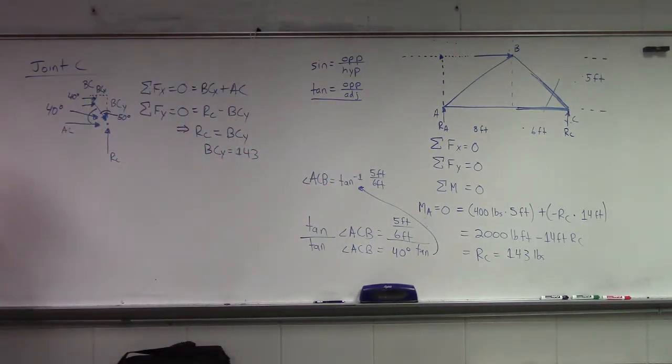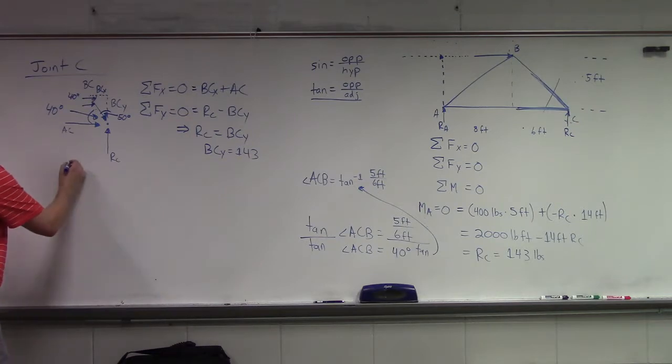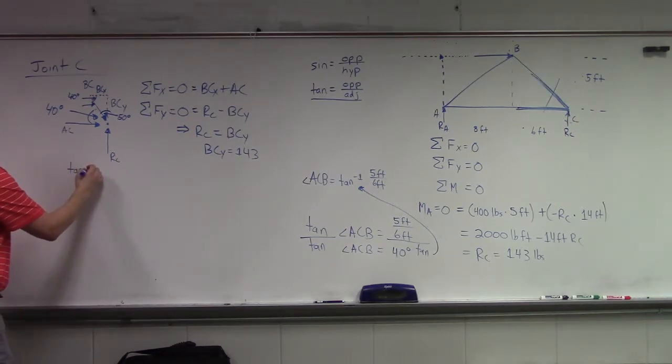We don't know the magnitude of BC, but we know the magnitude of BCY, correct? The cosine of 50.